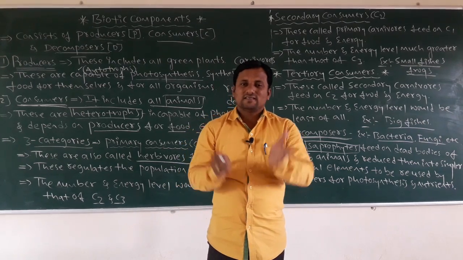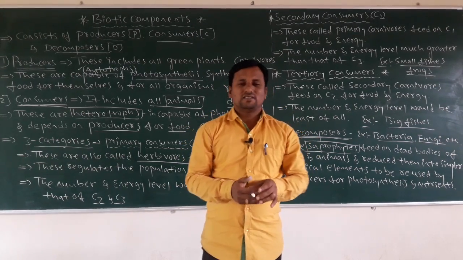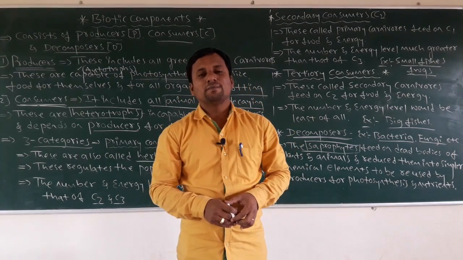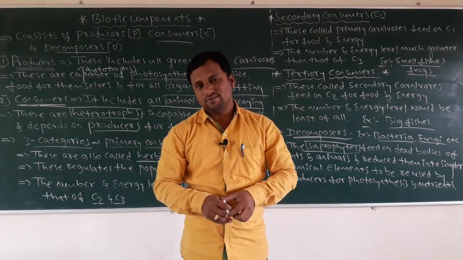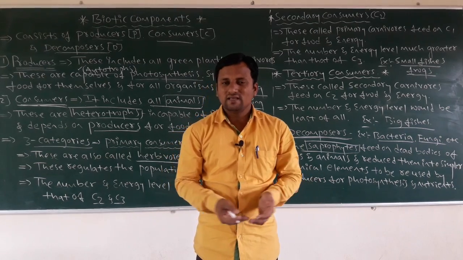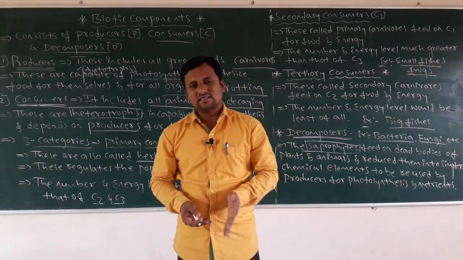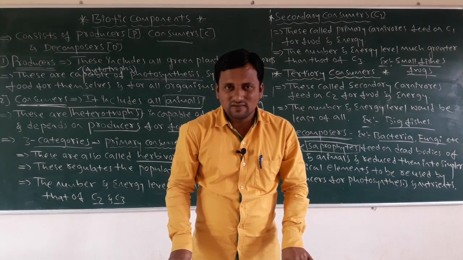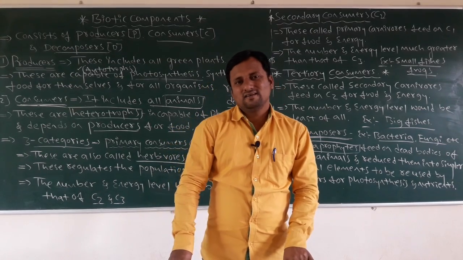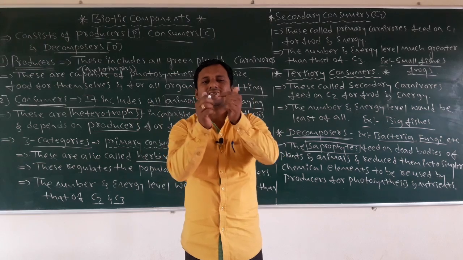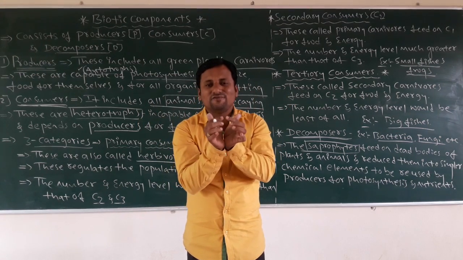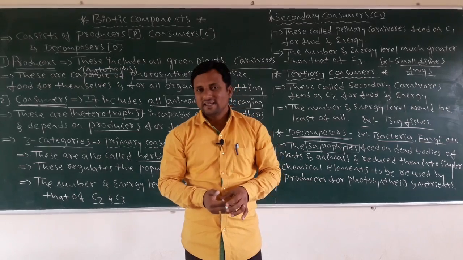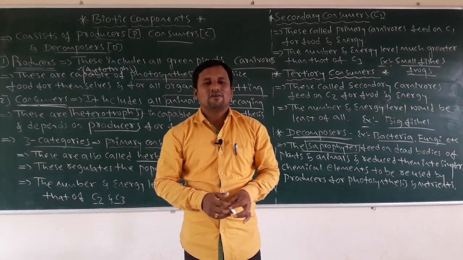So this is the main important concept of how the ecosystem plays a very important role for mankind. In every way, plants and animals have an important role in the ecosystem. That's why all of these live in interrelationship or interaction with one another. That we call ecology.